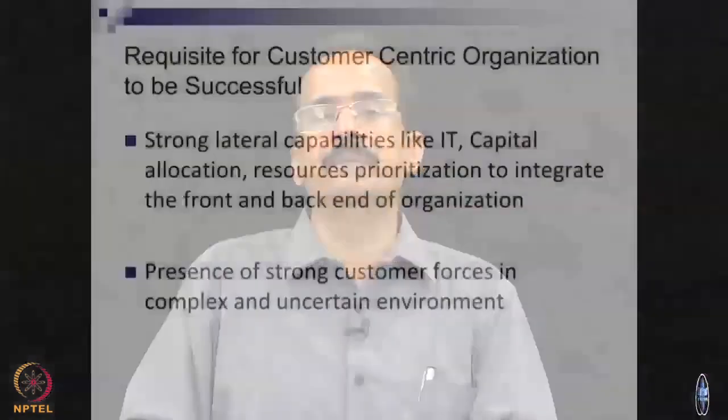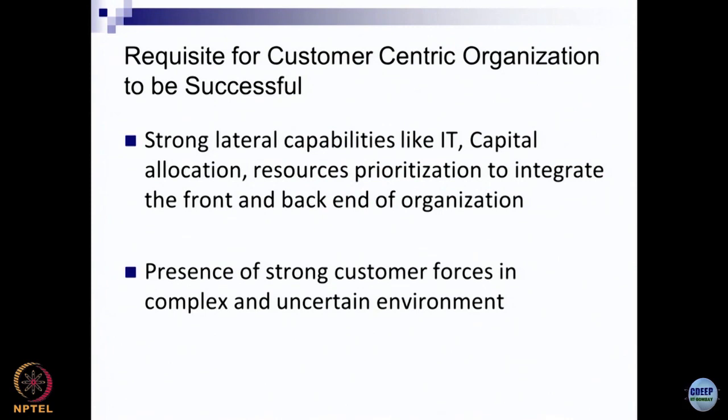With all the limitations, what are the prerequisites for a customer centric organization to be successful? Number one, strong lateral capabilities, like information technology related capability, capital allocation, and resource prioritization to integrate the front and back end of the organization, are the requisites for making the customer centric organization more successful.